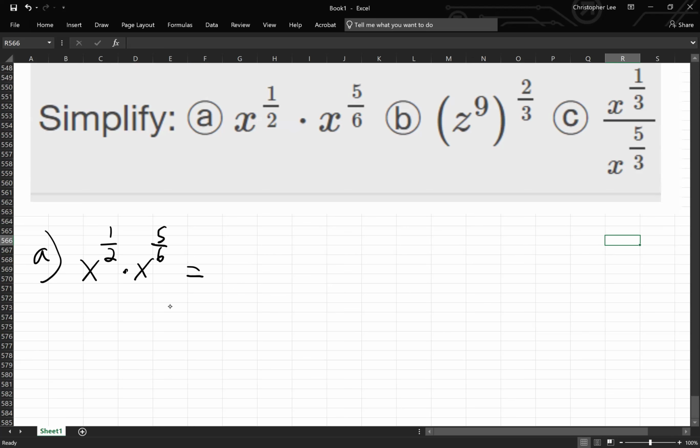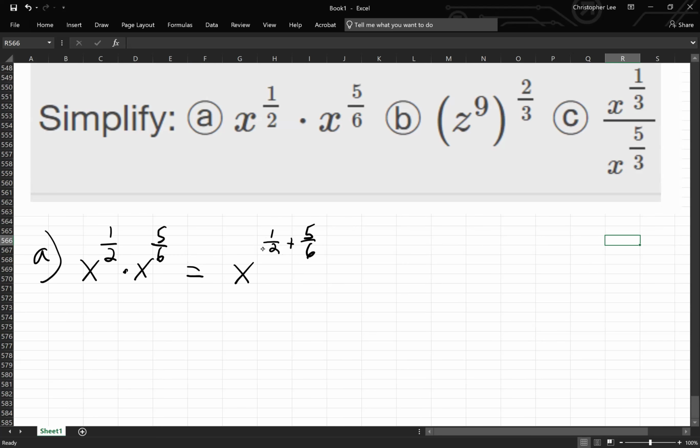Anytime I multiply exponents, what do I do with the powers? You add them, right? So this becomes x to the 1/2 plus 5 over 6.